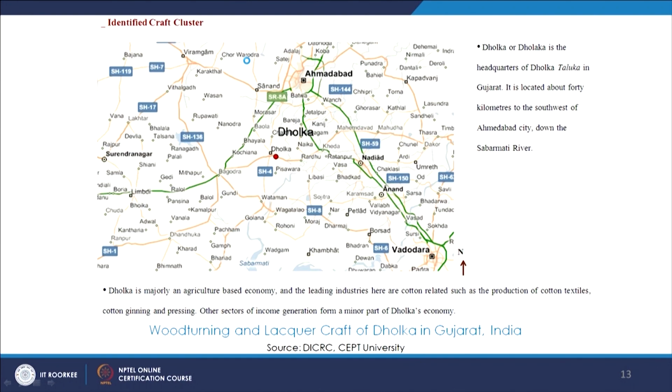And particularly we went to this craft cluster Dholka, which is not far from Ahmedabad, and we were trying to document the existing families who work on this craft form, and what is the process, the method, the raw materials they use, like everything, the kind of workspace they use, and what is the value and meaning of this craft to them in contemporary times, and how it has really transformed or evolved during the last say 50 years.